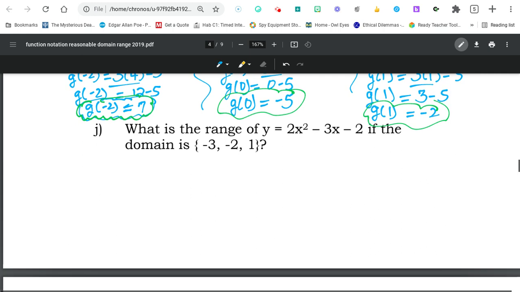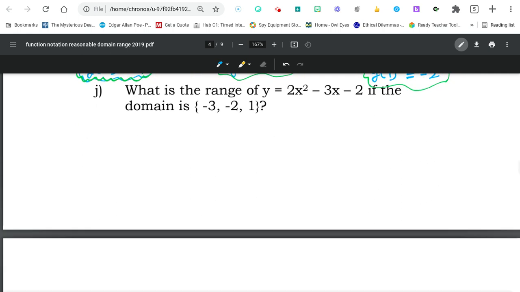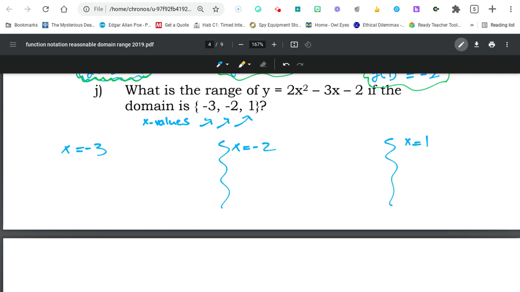All right, you're going to pause the video and try J. All right, so again, these are your x values. So I have an x of negative 3, I have an x of negative 2, and I have an x of 1.